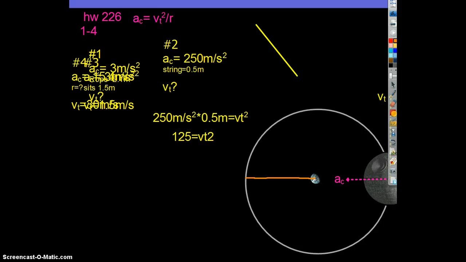When we square root 125, I'm getting an answer of about 11.2. 11.2 meters per second is the tangential velocity of the yo-yo. All right, we're going to move on to number 3.